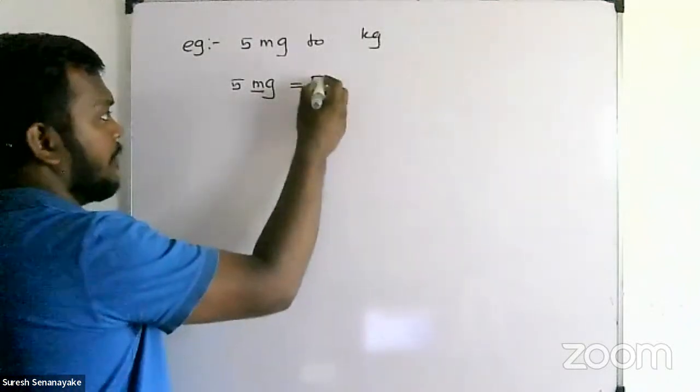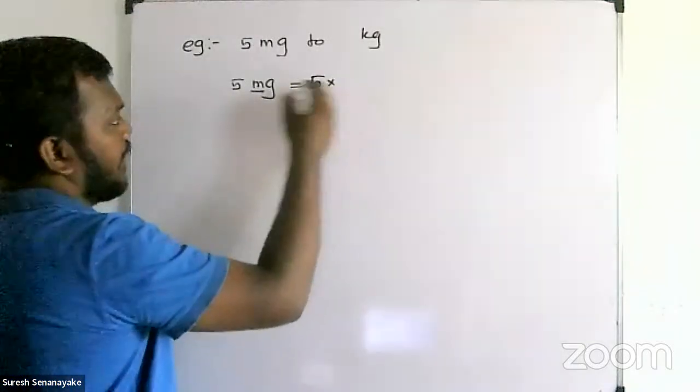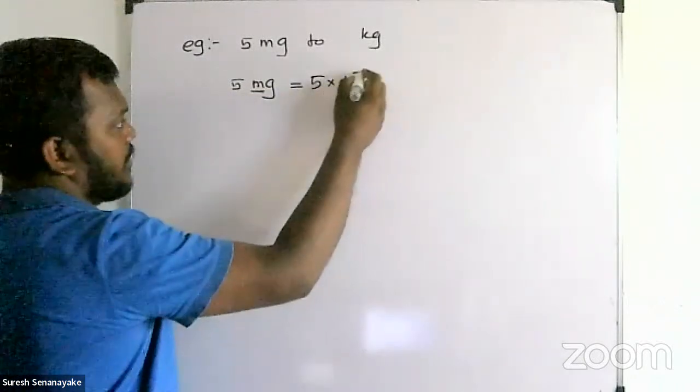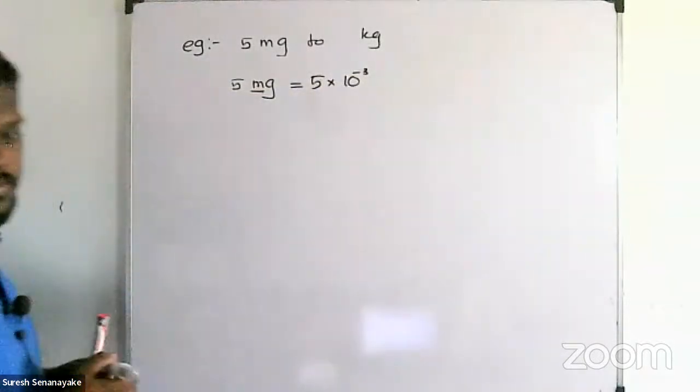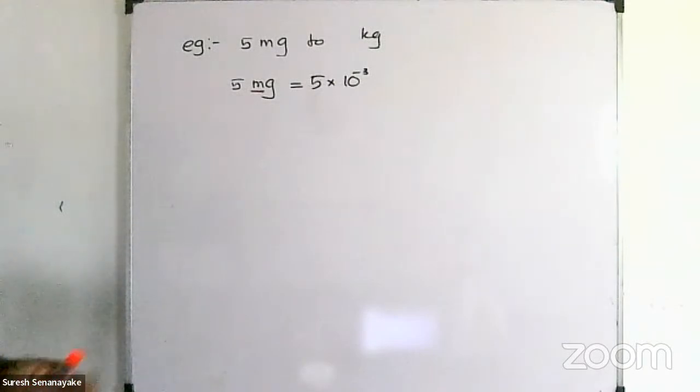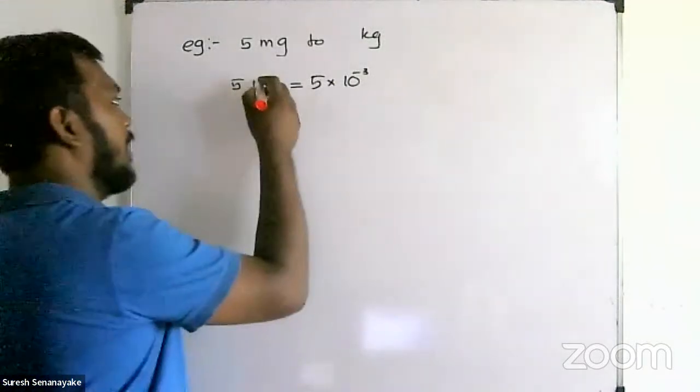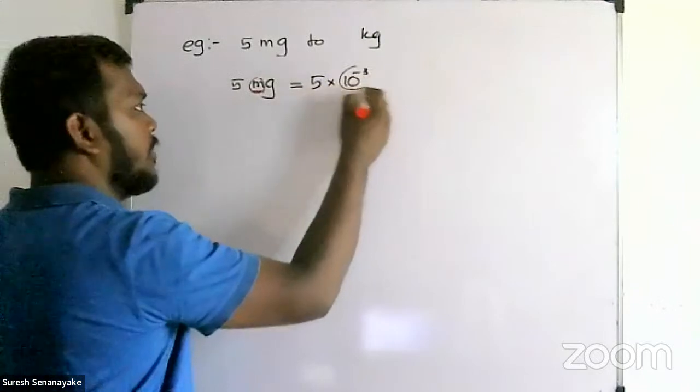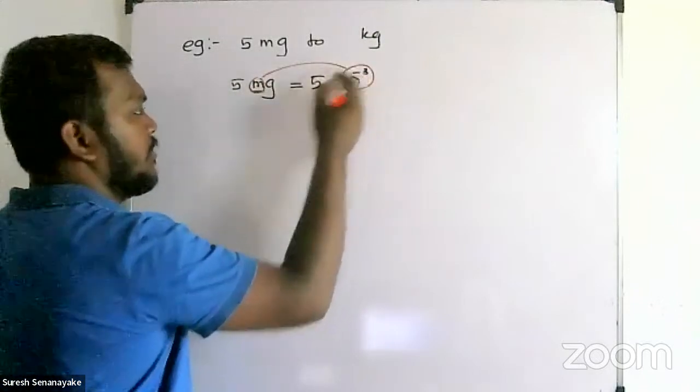Instead of milli, you write 10 to the minus 3. That's a multiple factor as a power of 10. So here milli equals 10 to the minus 3. So this conversion we will do.